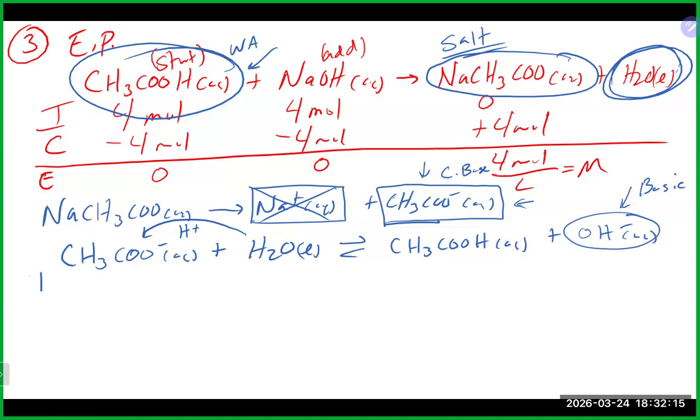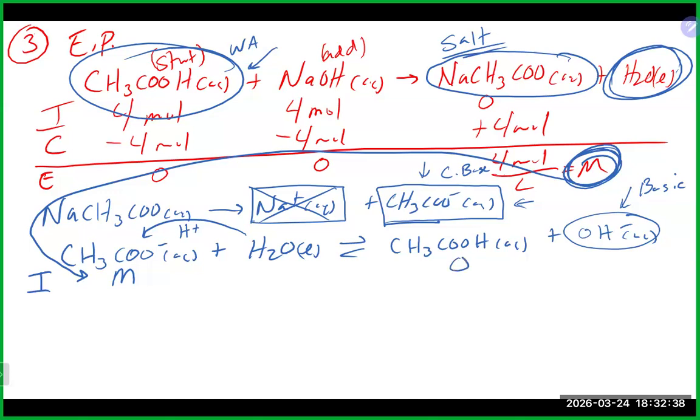This is going to be an ICE table where you take the molarity from your first table and you put it into your second table as your initial. This is also why you need molarity, because if you do this in moles, most likely you will end up with the wrong answer if you don't adjust at the end. So might as well just put it back into molarity at this point.